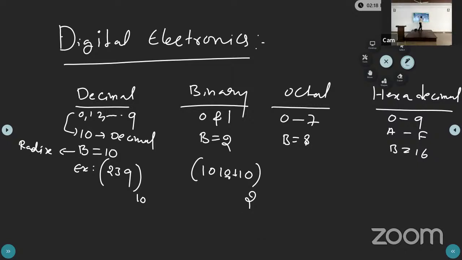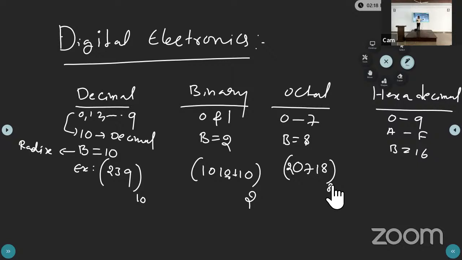Now here the number is 02718, is it an octal number system? See the number. What is the maximum symbol in octal? 0 to 7. But the 8 is present, so this is not an octal number.